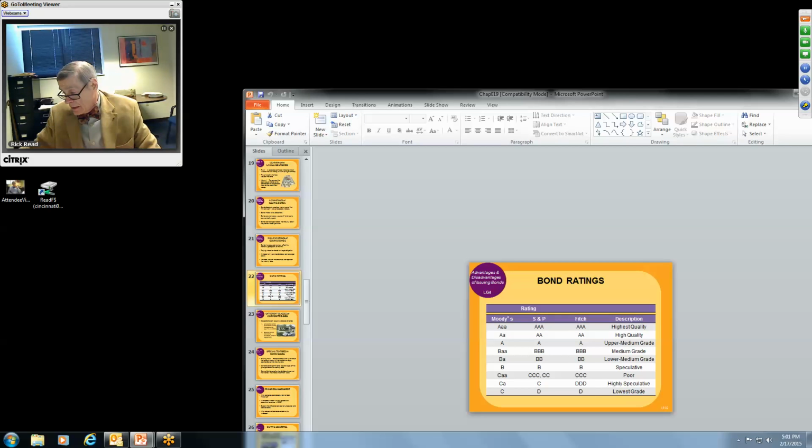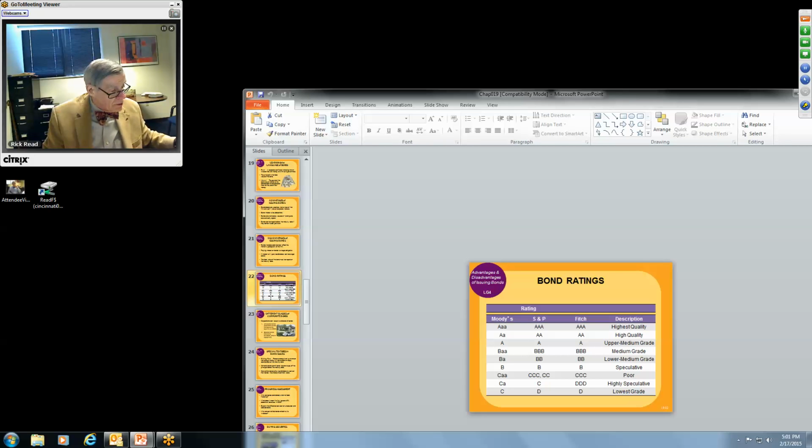These are the major rating companies in the United States: Moody's, Standard & Poor's, and Fitch. I'm not going to go through this slide. You can see this in the text.